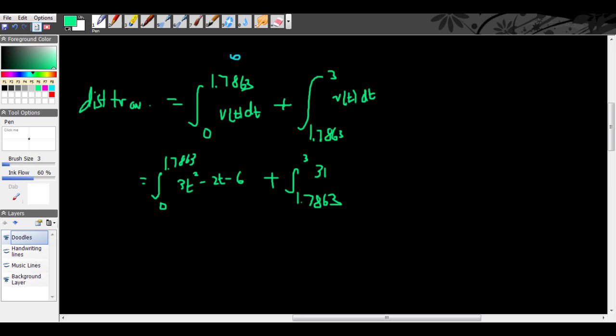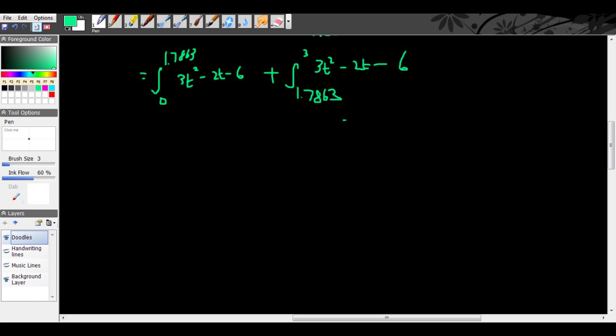So v of t, 3t squared minus 2t minus 6. So t cubed, same indefinite integral, minus t squared minus 6t, evaluated at t equals 1.7863, plus the same from 1.7863 to 3.